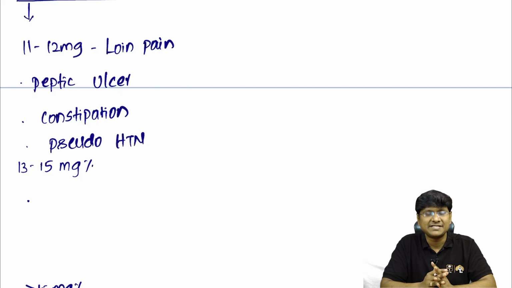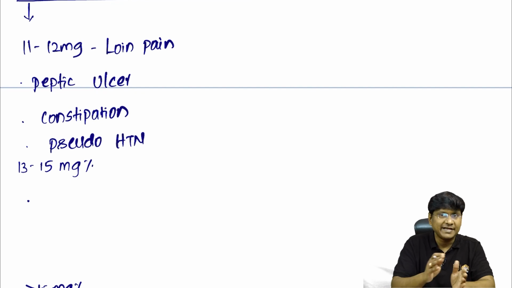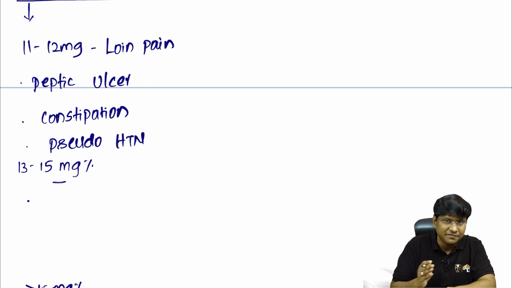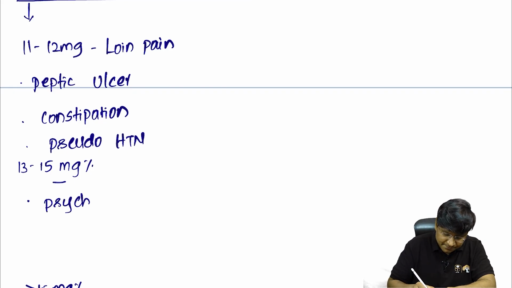And if the calcium levels are elevated around 13 to 15 milligrams percentage, what will be the features? It will cross the blood-brain barrier and calcium accumulates within the brain, resulting in psychosis. Calcium will also accumulate within the basal ganglia, resulting in secondary Parkinsonism.